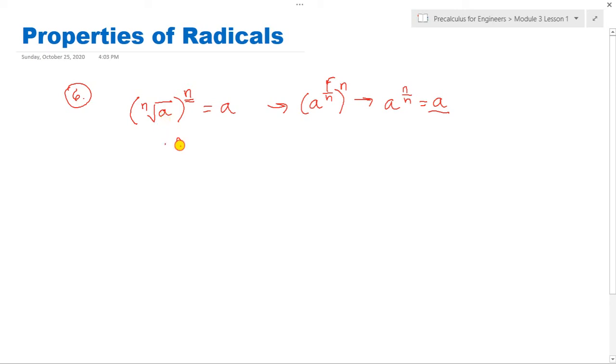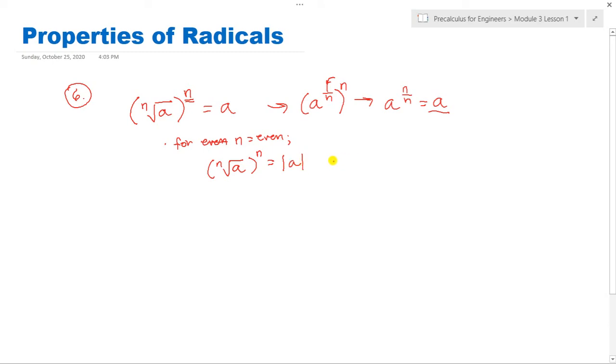For n equals even, so kapag even daw yung index natin, you just simply write the nth root of A raised to the power of n is just simply the absolute of A. Bakit?